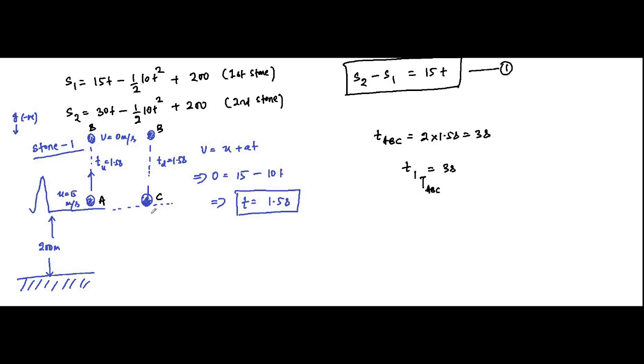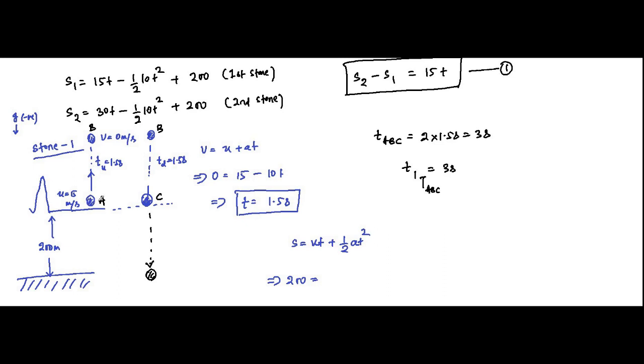Then from here it has to cover a further 200 meters to reach the ground. So we can use the relationship S = ut + ½at². Here is another interesting thing: velocity at identical positions is equal.